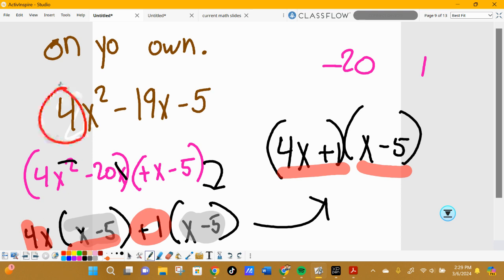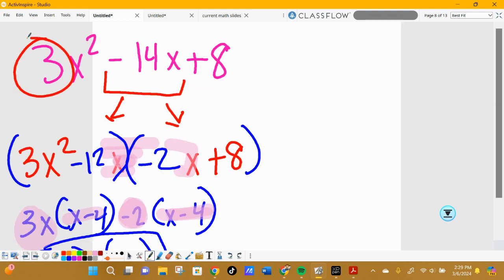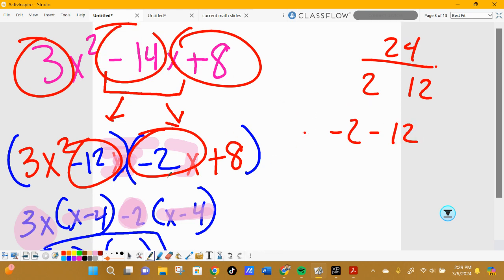If we did this one, 4 times 5 is 20, and since it was negative 20, we go with negative 20 and 1. And this one, 4 times 6 is 24. Factors of 24 would be 2 and 12, so negative 2 minus 12 equals the negative 14 we're looking for.